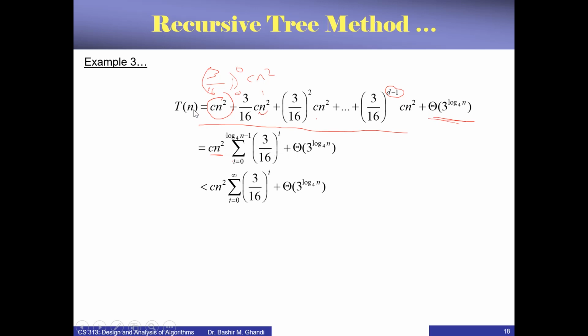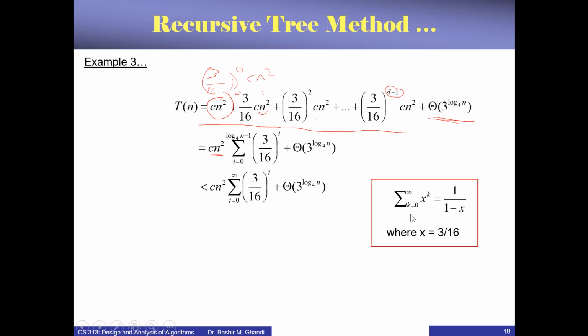Remember, in big O, we're not interested only in equality. The inequality is good for us. So if we can extend this to infinity, it will allow us to do more simplification. So if we extend to infinity, the result we will get definitely will be bigger than what we have here.